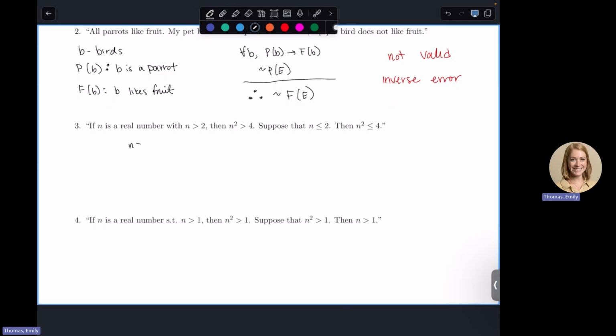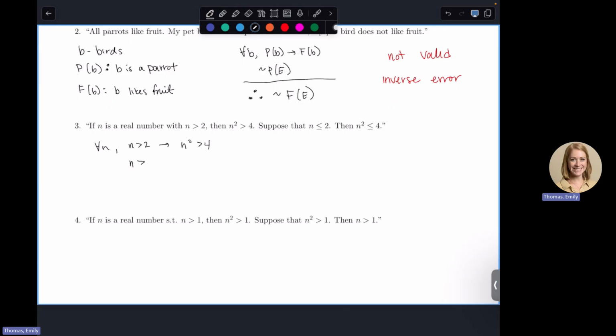So n being greater than 2 implies that n squared is greater than 4. This is for all n. That is premise number 1. What is premise number 2? Yeah, that means that n is not greater than 2, right?